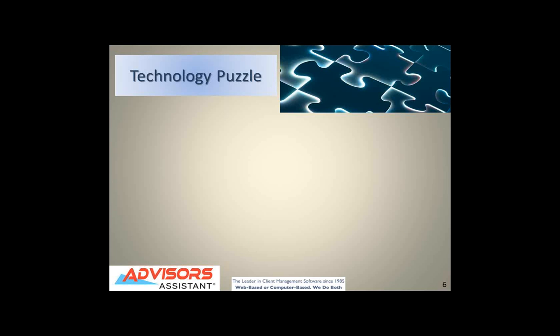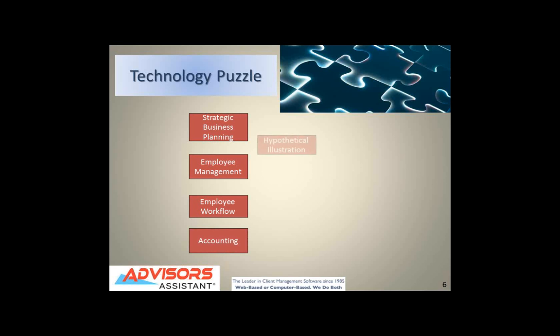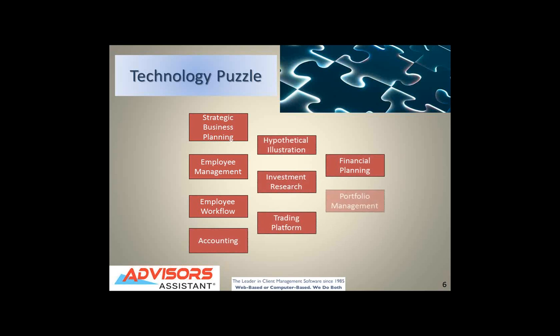And in trying to understand and get our arms around what this technology puzzle really is, I've developed a graphic that is coming up on your screen now that shows the various areas that are important in the technology puzzle. And if you'll notice, there are a number of different areas such as strategic business planning, employee management, employee workflow, accounting, hypothetical illustrations, investment research, trading platforms, financial planning, portfolio management.